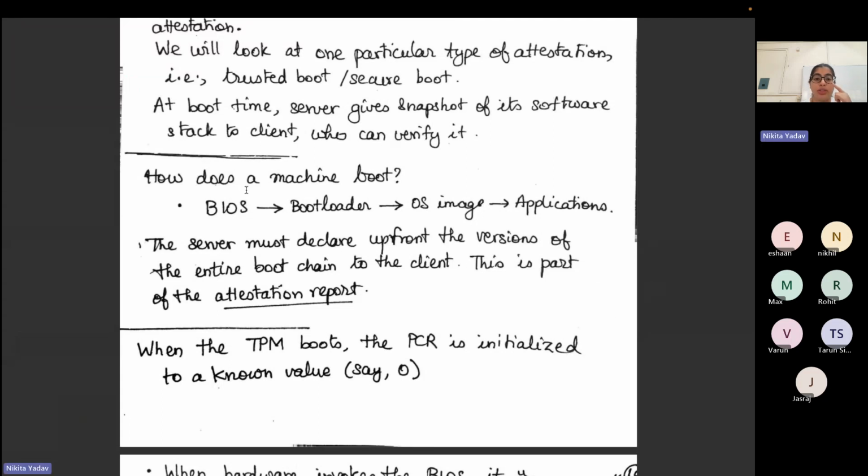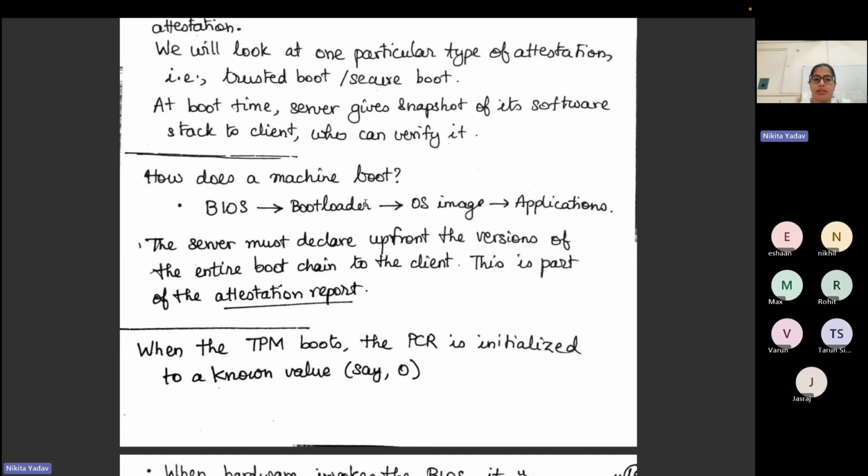So this is how your machine boots. When it starts booting, your hardware starts executing code from the BIOS. Then the BIOS is going to call the bootloader.